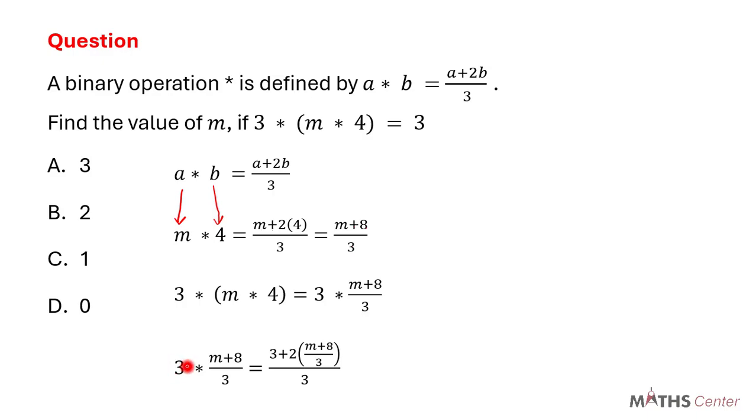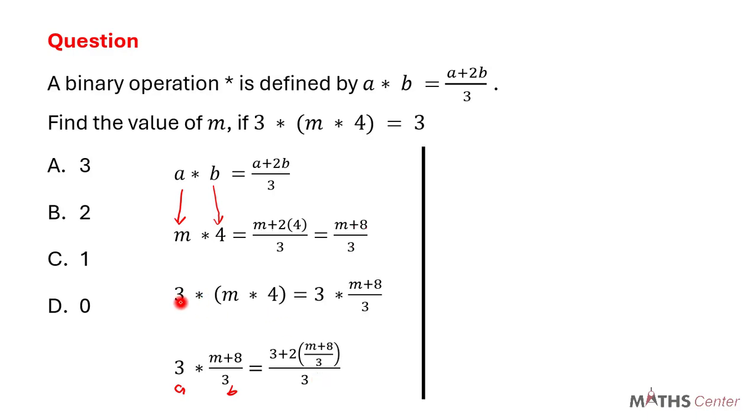When we compare 3 star (M plus 8)/3 to A star B, we can see that 3 will be A, and then (M plus 8)/3 will be B. So when we substitute this into the definition, we are going to have A, which is 3, plus 2 times B, which is (M plus 8)/3, all divided by 3.